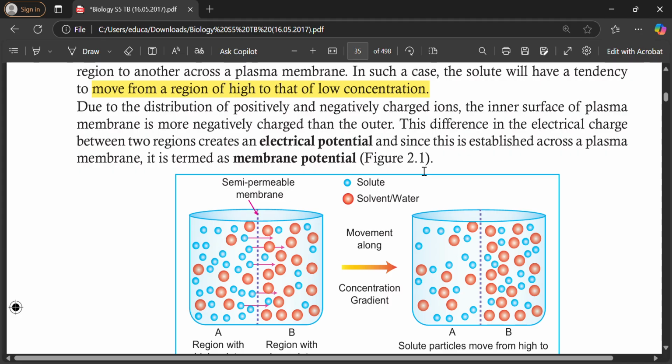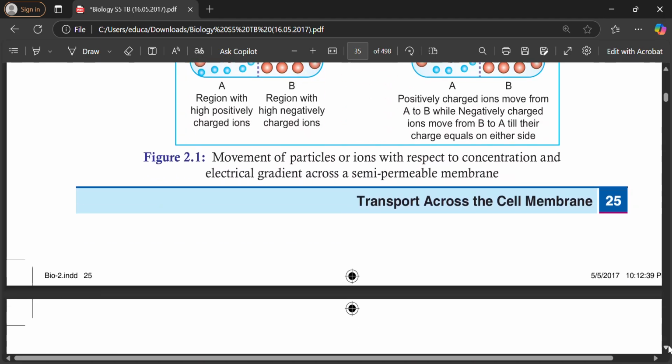The difference in electrical charge between two regions creates what we call electrical potential, because the number of charges is not equal on either side. Since this is established across a plasma membrane, it is termed a membrane potential.